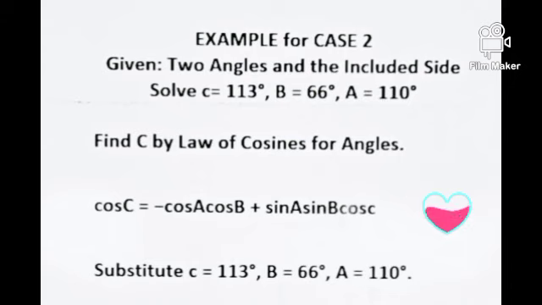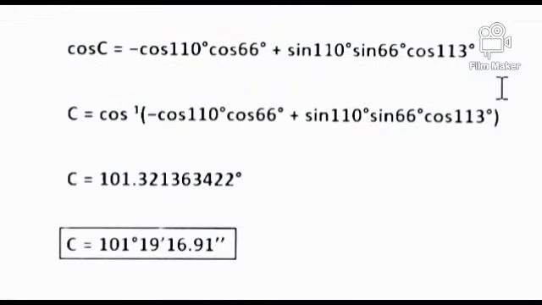And by law of cosines for angles, cosine of angle C equals the negative of cosine of angle A multiplied by cosine of angle B plus the product of the sines of the two other angles, sine of angle A multiplied by sine of angle B multiplied by cosine of the side opposite angle C, small c. And to that equation, we substitute the values. Small c equals 113 degrees, angle B 66 degrees, and angle A 110 degrees.